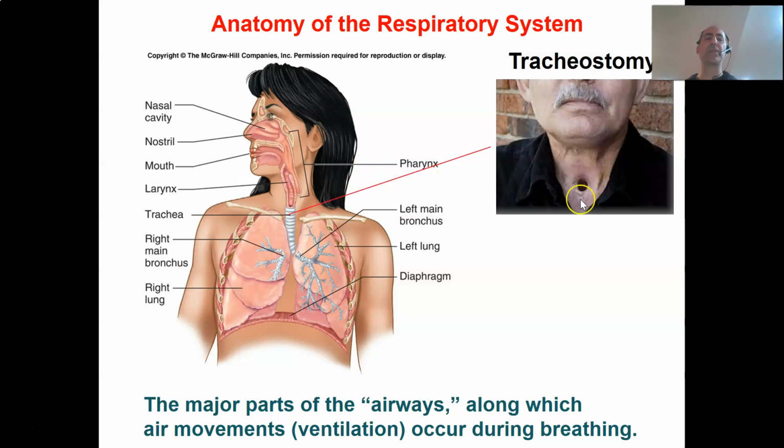There's lots of reasons. This person could also be a quadriplegic who's had to have the airway bypassed. So this is something that happens. It's not natural, it's not normal, but it is a way to bypass this upper part of the respiratory system here, so that a person can breathe.